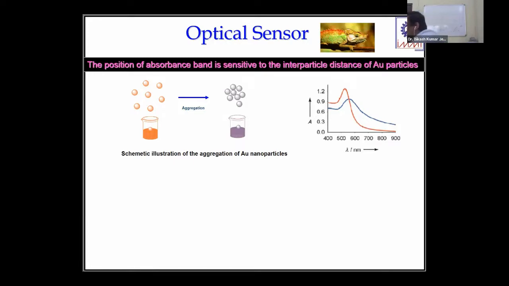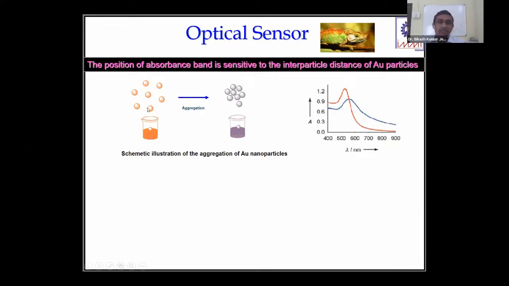If I synthesize it in some different way, we can get a different color. If you take it here, you will be able to understand: one is a deep color, another is faded. So if you monitor the interparticle distance, we can change the absorbance properties. The wavelength can be shifted based on the interaction with light as well as the interparticle distance.